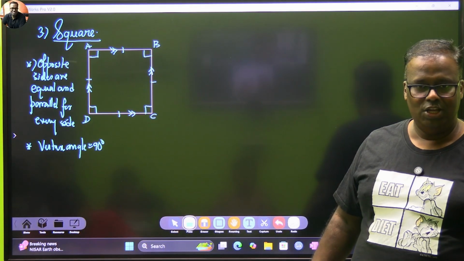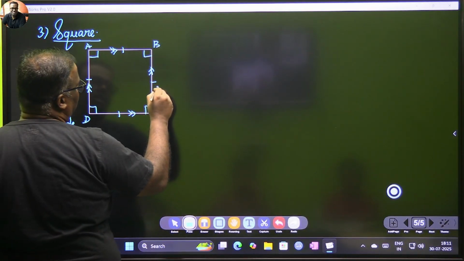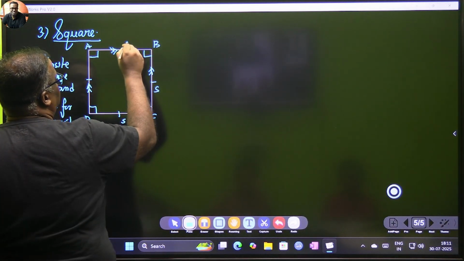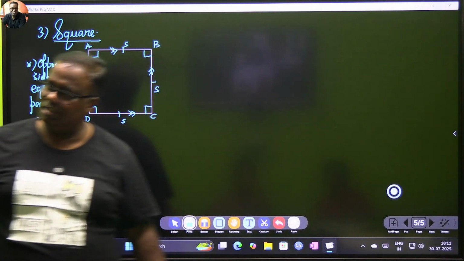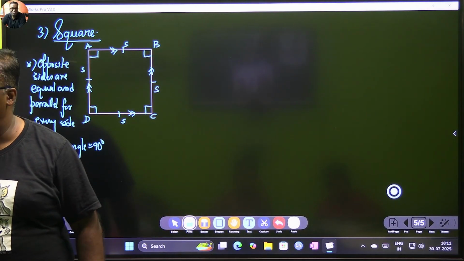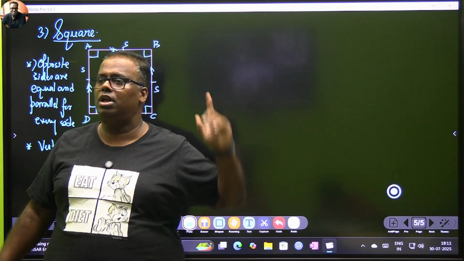Whereas in a square, since all sides are equal, I will say that it has only S. And right now, what did you say? Every rectangle need not be a square, but every square is a rectangle. So the formula for area of a rectangle must fit a square.